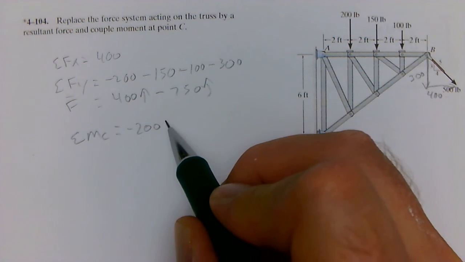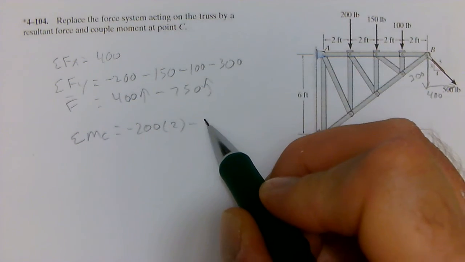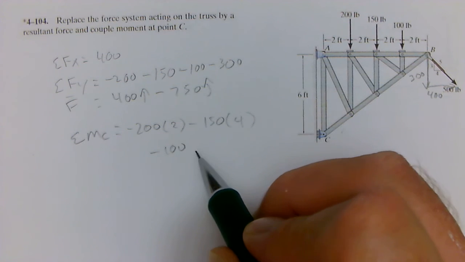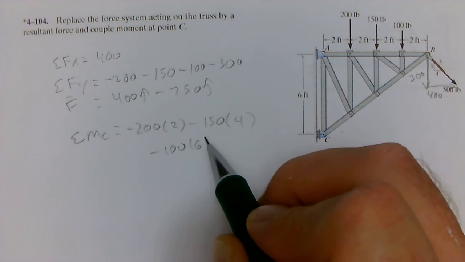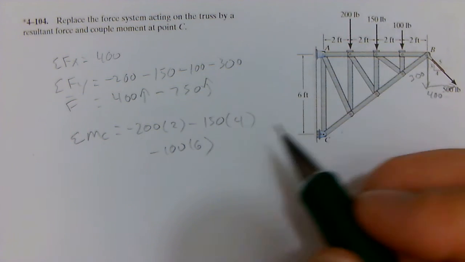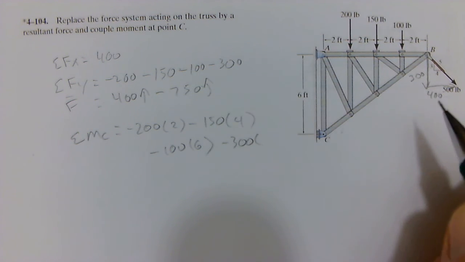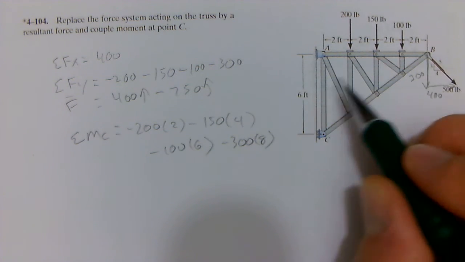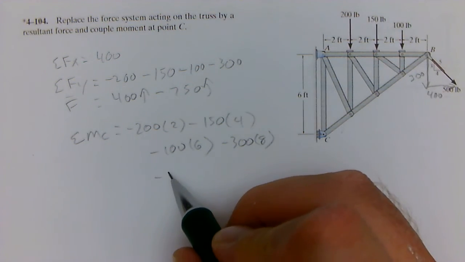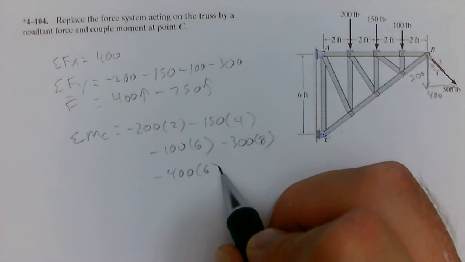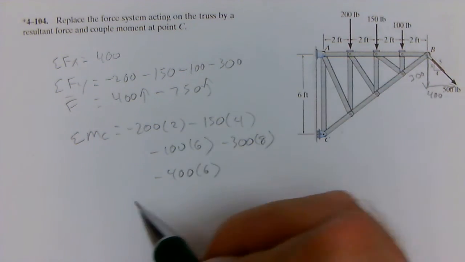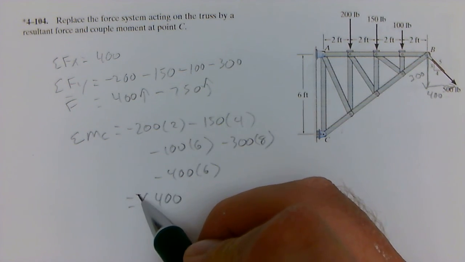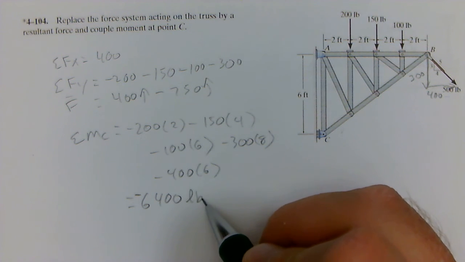Negative 200 times 2, negative 150 times 4, negative 100 times 6, negative 300 times 8, and the 400 will also cause rotation this way, so the 400 is going to be negative 400 times 6, that height there. And that all sums up to 6,400, we'll call it negative, and that's going to be pound-feet.